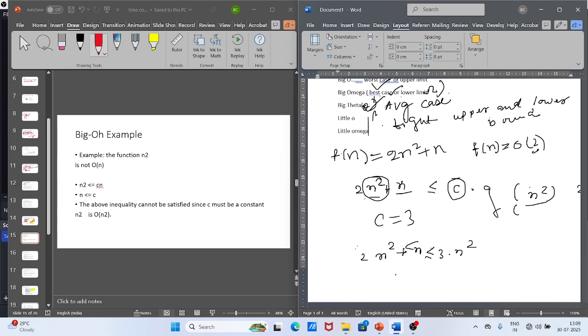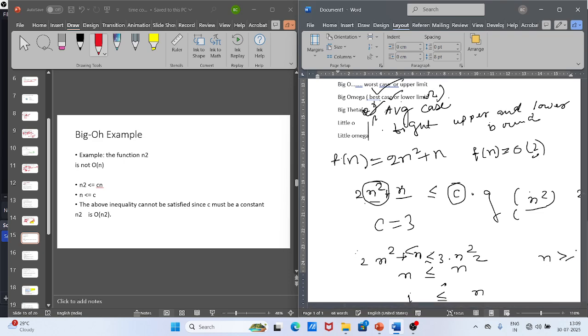Okay, so you just subtract and we get n less than or equal to n square. Now divide and we get 1 less than or equal to n. So can I write n greater than or equal to 1? So for all inputs n greater than or equal to 1, this condition always holds true. Yes. So now this is a big O.